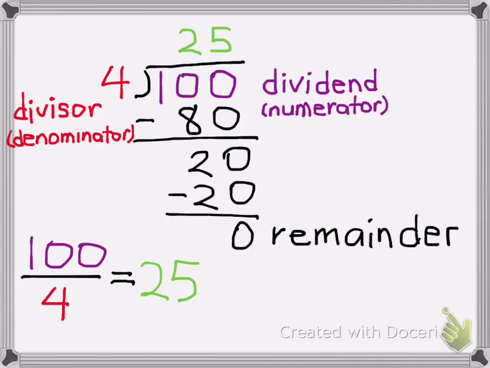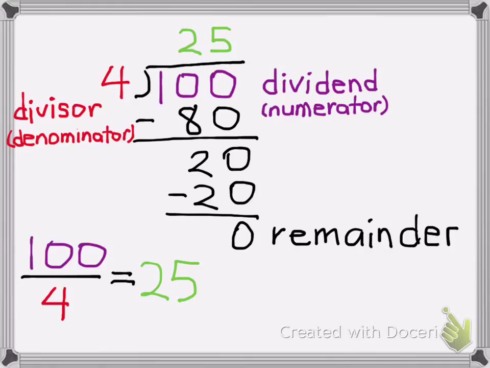How do we talk about division? We can use our knowledge of fractions to help us make sense of division. In this problem, we use a familiar fact: 100 divided by 4 is 25. The number 100, the bigger number, is a dividend.